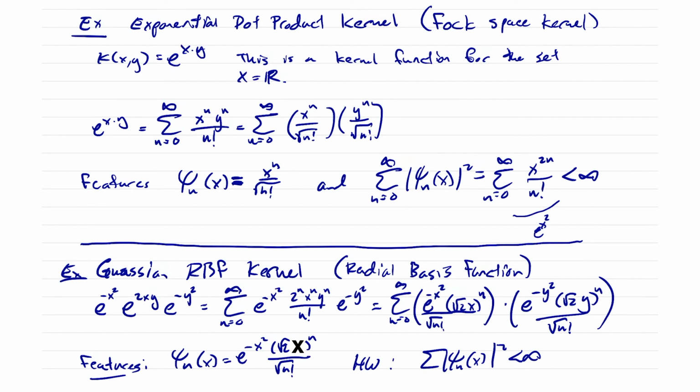So what does this give us? This actually ends up giving us e to the minus (x minus y) squared. And this is the Gaussian RBF kernel. We can also add a parameter, mu, just to rescale them, and this is important when you're talking about different kinds of data.